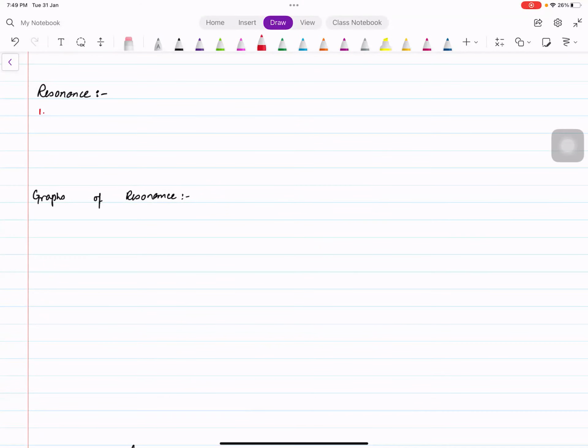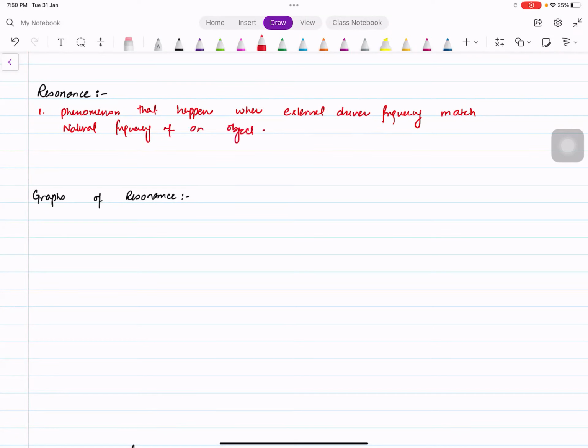The first point of resonance is that it is a phenomenon that happens when the external driver frequency matches the natural frequency of an object. All right, is that clear?